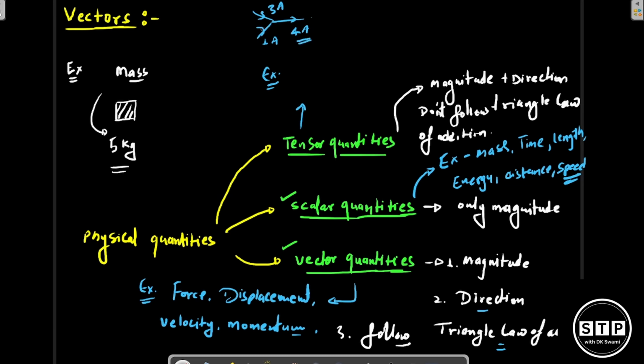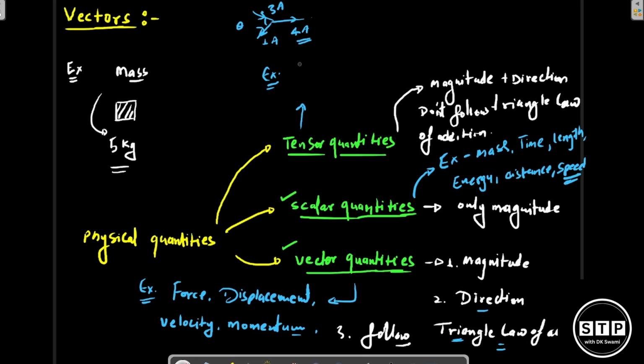But if I reverse the direction of 1 ampere, then this will become 2 ampere, right? So by changing the angle between these two currents, the effective current is not changing, and in the triangle law of vector addition, the angle is also important. It means electric current is not following the triangle law of vector addition.